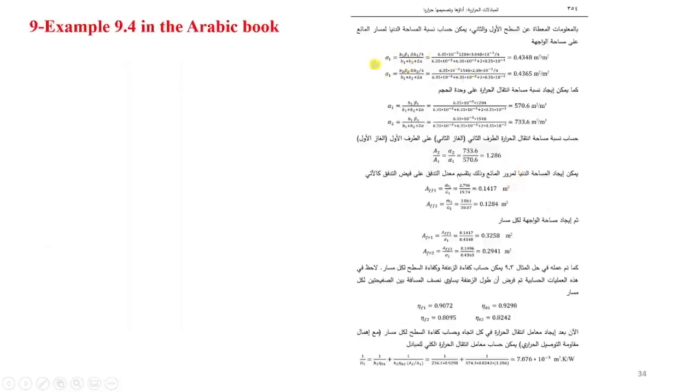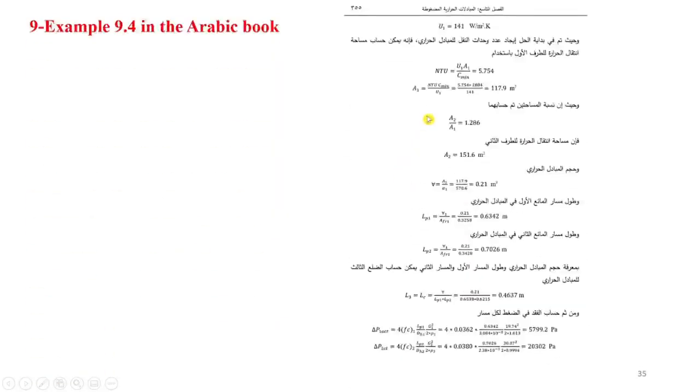As we explained in English: sigma 1, sigma 2, alpha 1, alpha 2, the frontal area, the overall surface, the fin efficiency and the overall surface efficiency, the overall heat transfer area, the overall heat transfer coefficient, the frontal area, the length on side 1 and the length of the heat exchanger, L1, L2, L3, and also the calculated pressure drop, exactly the same as we did.